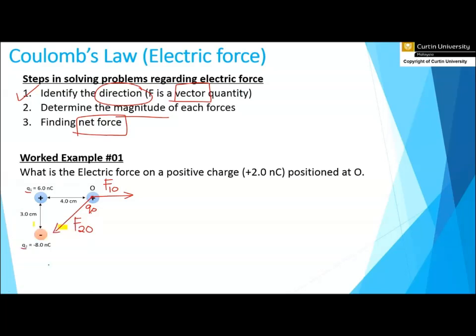Now we're moving on to the second step. Look for the magnitude. So the formula for electric force equals K, the 2 charges. The force between Q1 and QO equals K Q1 times QO divided by the distance between 1 and O squared. Plug in the value.